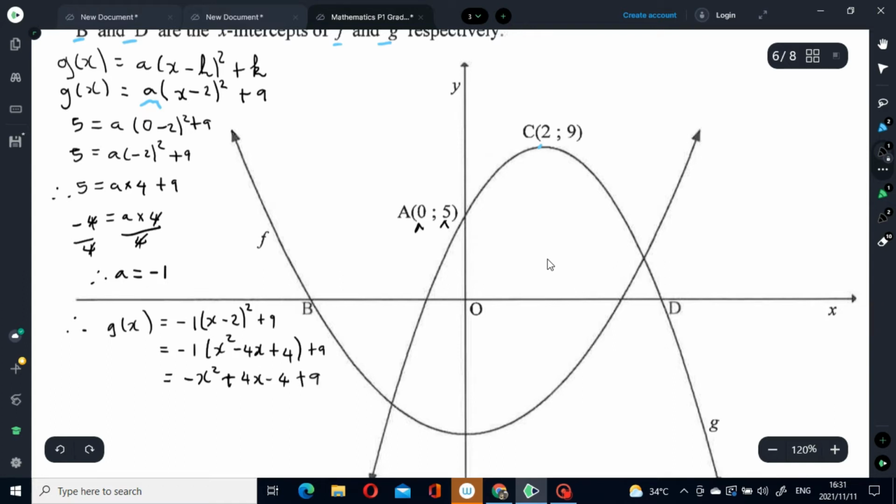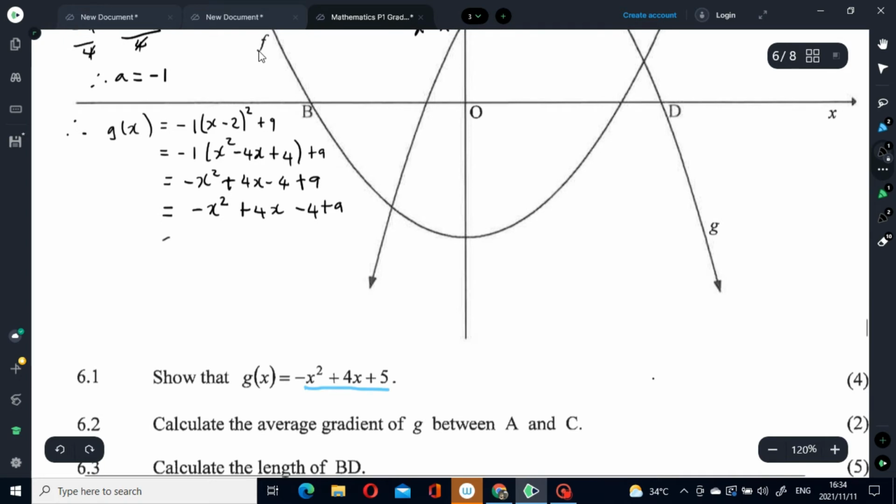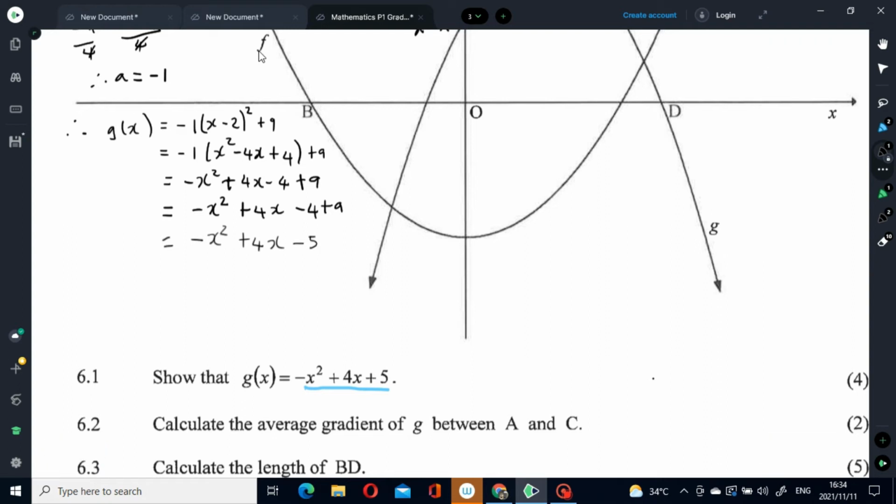Plus 9. Add and subtract like terms, which gives us minus x squared plus 4x minus 4 plus 9, and therefore minus x squared plus 4x plus 5, and that is what we have there.